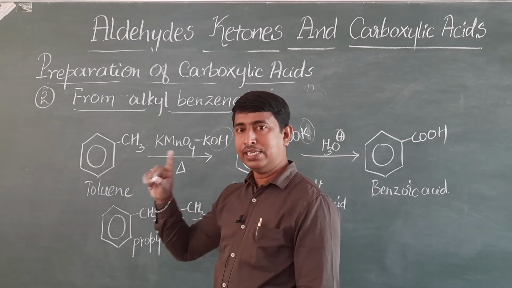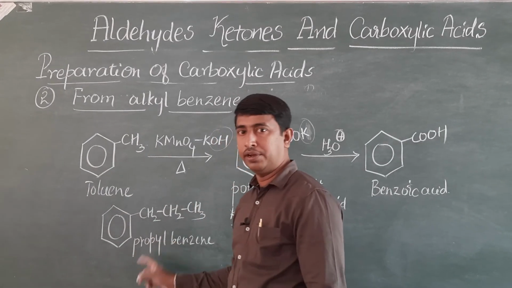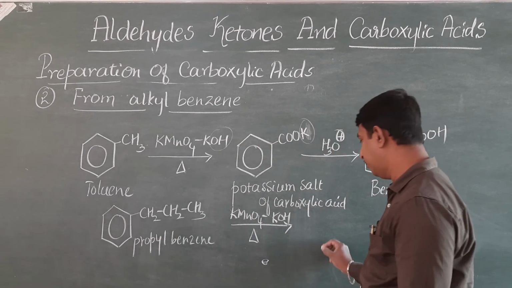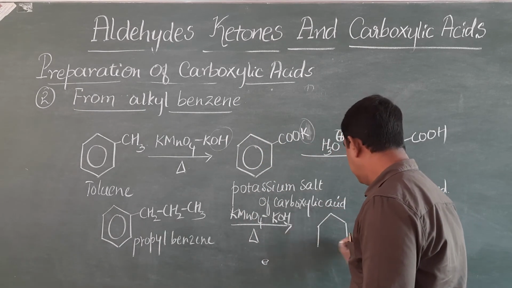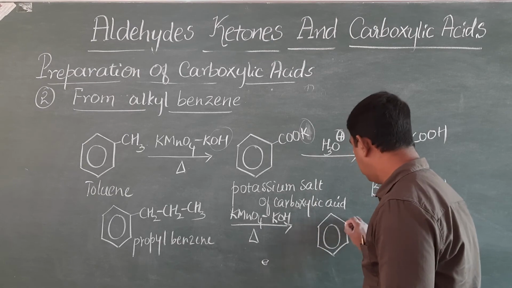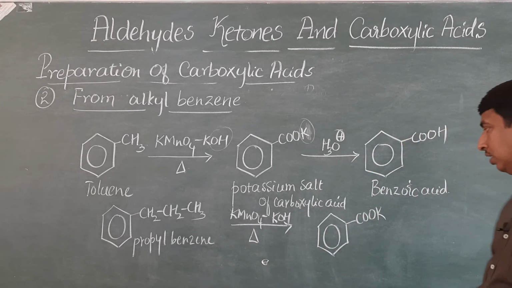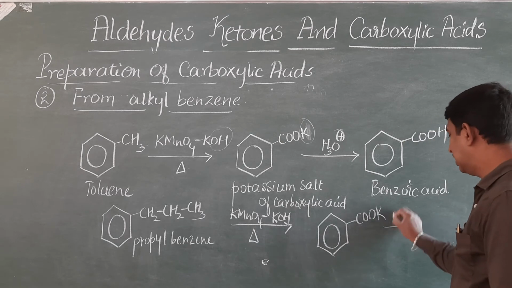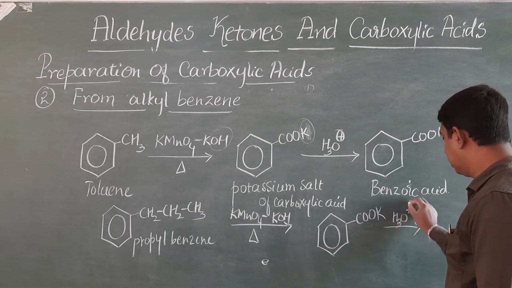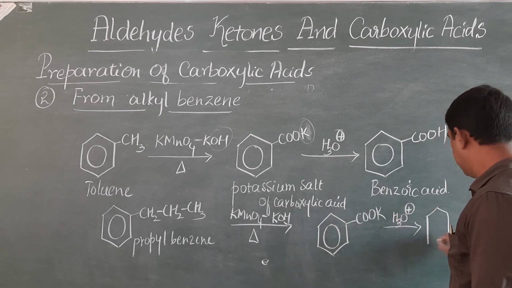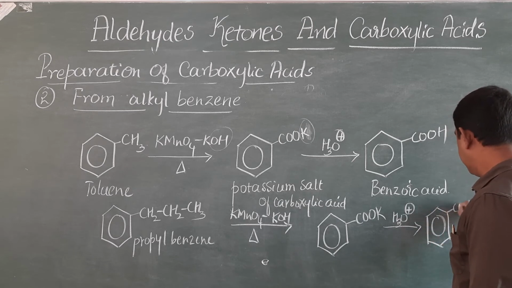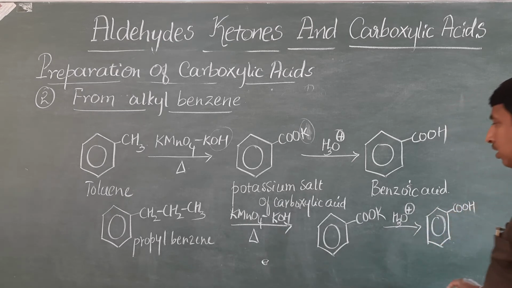The first compound contains only one carbon. What about this one? It contains 3 carbon atoms. Whatever the length, the whole carbon chain is converted to carboxylic acid, that is potassium salt. Upon acidification it gives aromatic acid, that is benzoic acid.